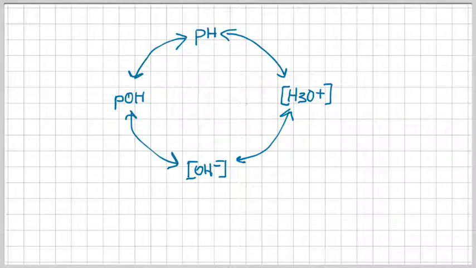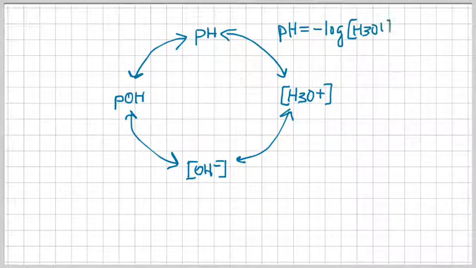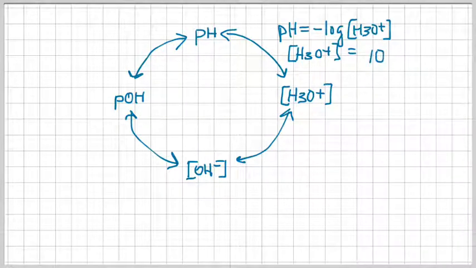And so the relationships here, if I want pH, it's the negative log of the hydronium ion concentration. If I have pH and I want hydronium ion concentration, I use the rearranged form of that, 10 to the negative pH.